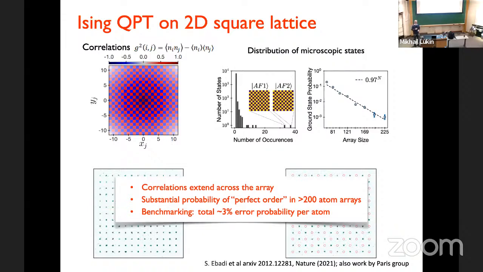We tune the detuning, but it's a quantum transition. We have a transverse field on, it's big, it dominates.